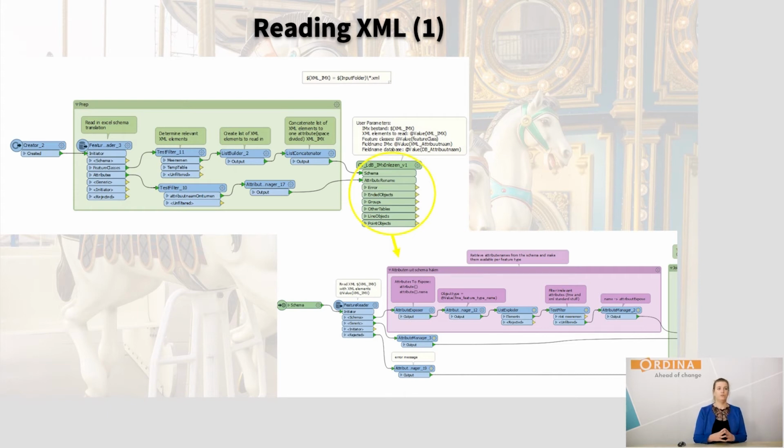It then, from the schema, exposes the list with attributes and attribute names, creates the object type it belongs to, explodes that list, and then we filter only those attributes we want to take into the next part, because there are elements like FME attributes and other attributes that we don't need, so we don't want to take them into the next step.